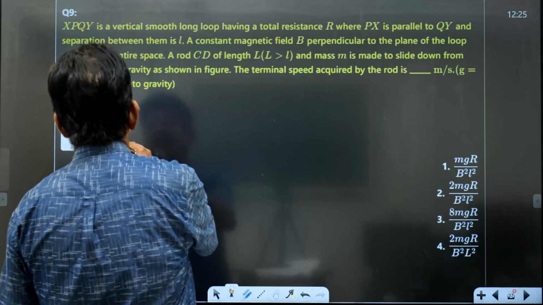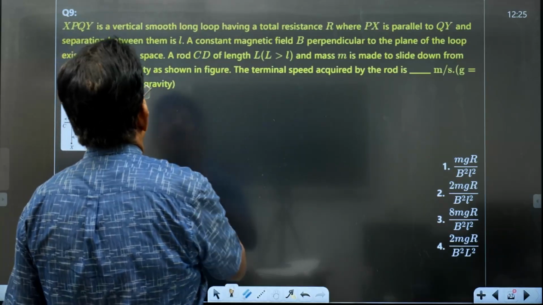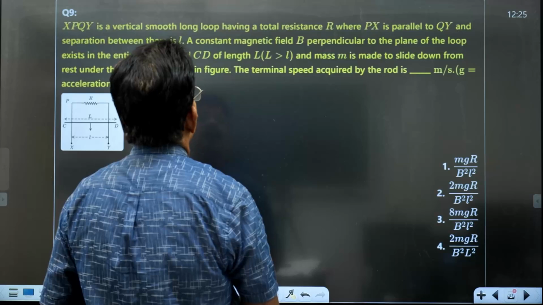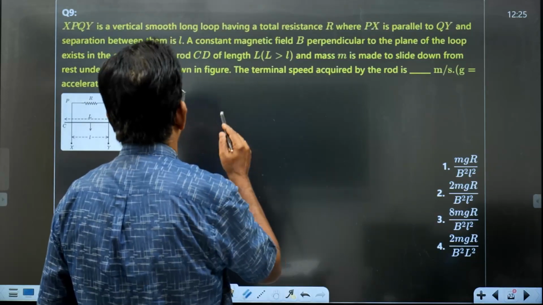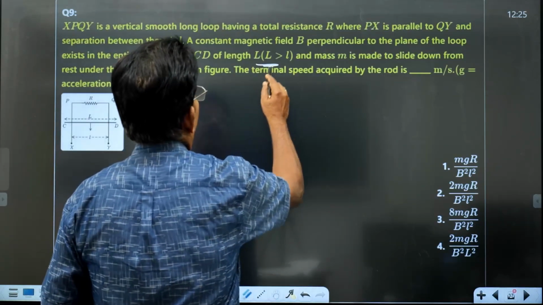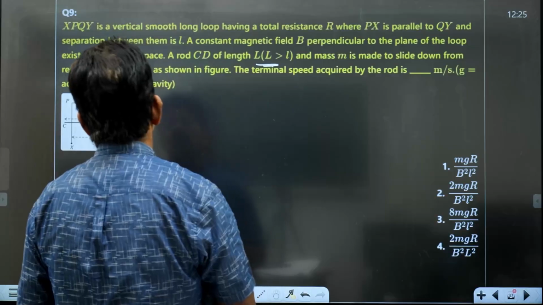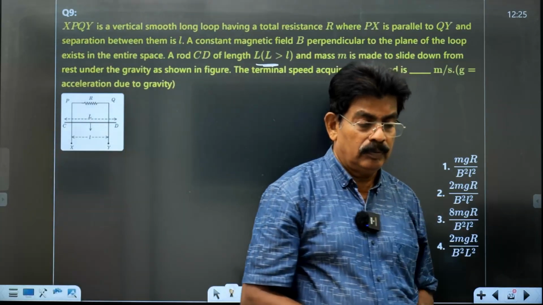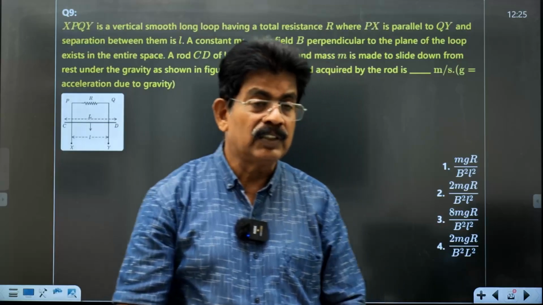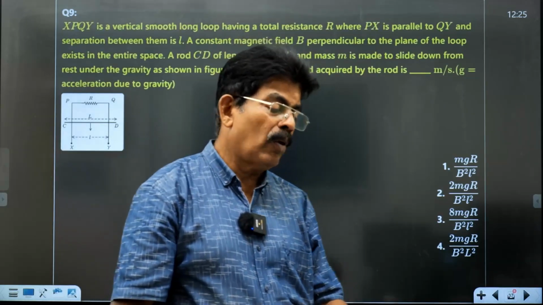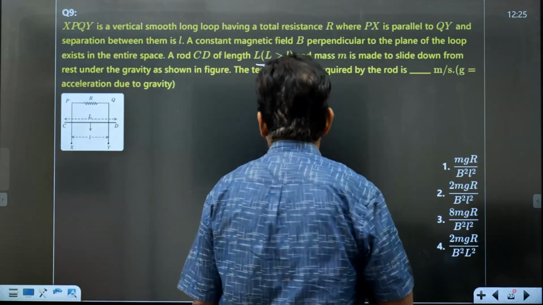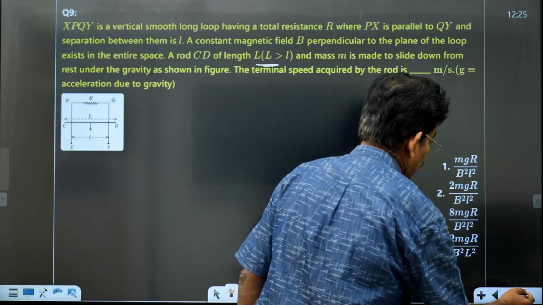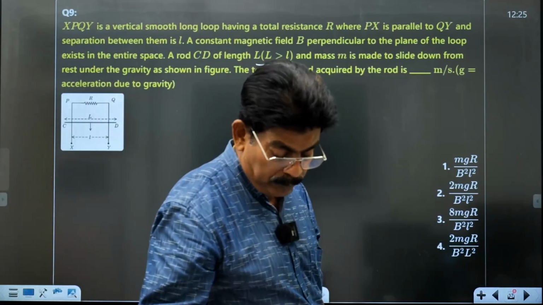And the separation between them is L, and a rod of length capital L, L is given to be greater than l, is made to slide down. Now tell me, when it is sliding down, this is a case of what? BLV problem. And magnetic field, so I'll go to the explanation part, that will be better.